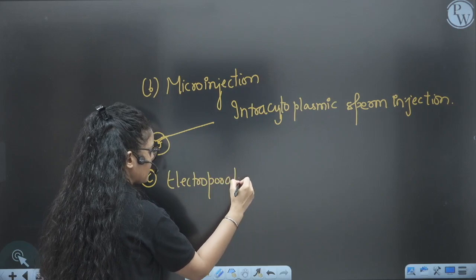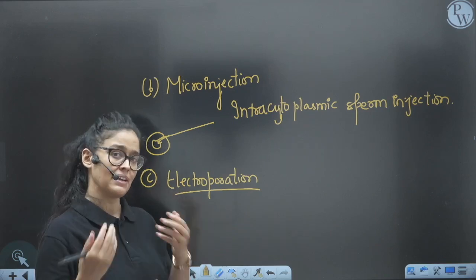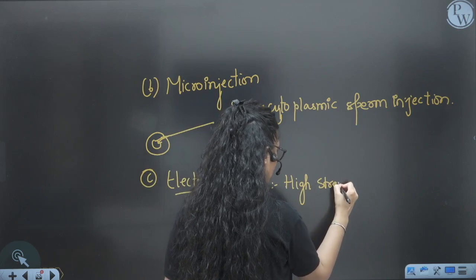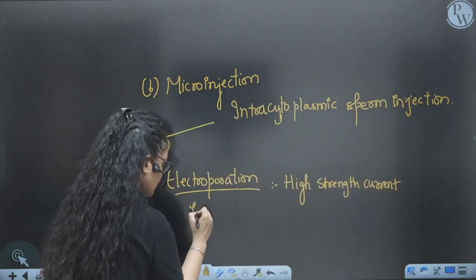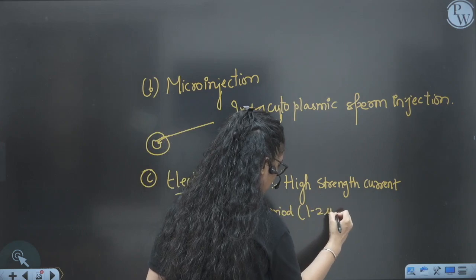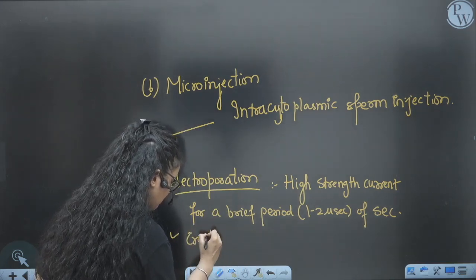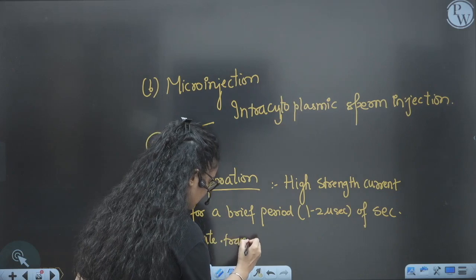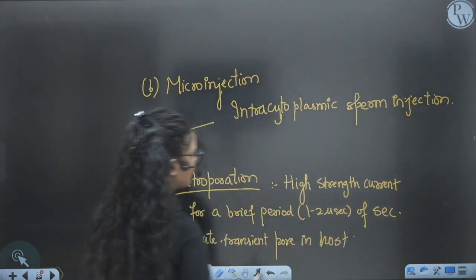Electroporation means we are giving a high voltage electric shock for a very brief time, approximately 1 to 2 microseconds, to the host, so that it creates transient pores on its surface and can easily take up our DNA and fuse our DNA with its DNA, right?